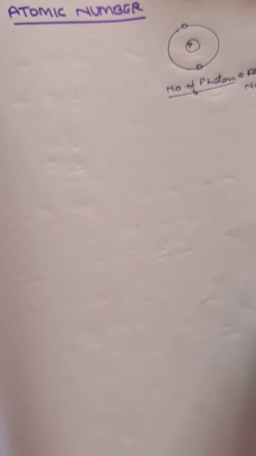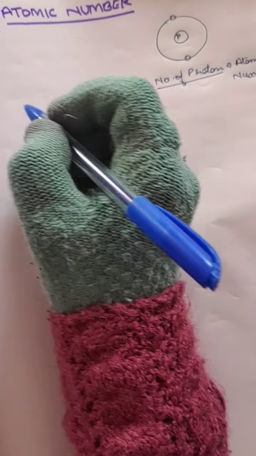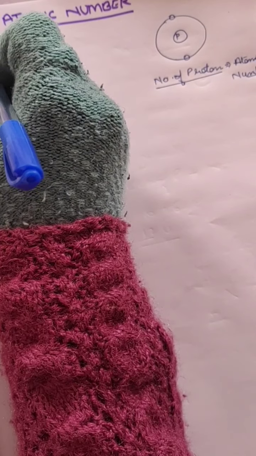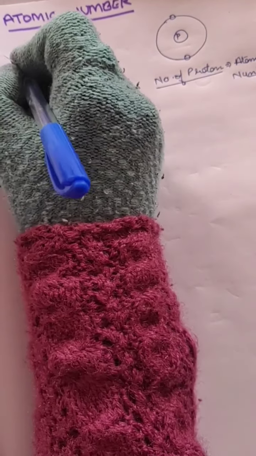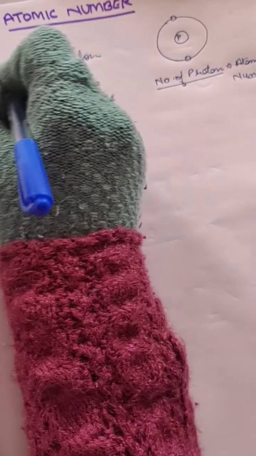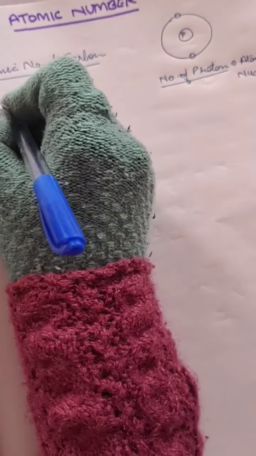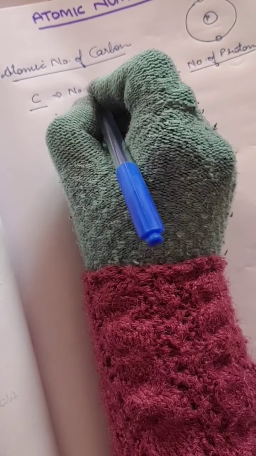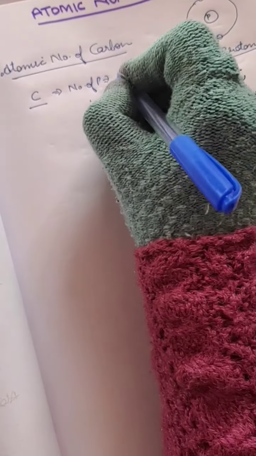Let's say we take the atomic number of carbon. Carbon has symbol C, and the number of protons in carbon is 6.